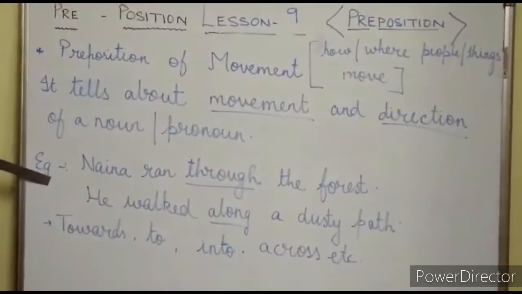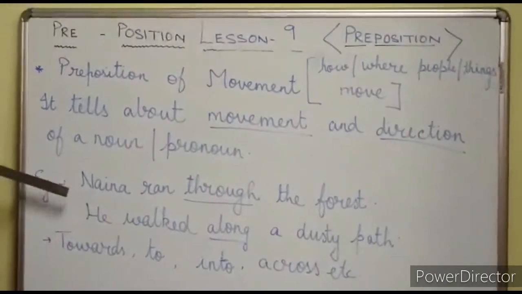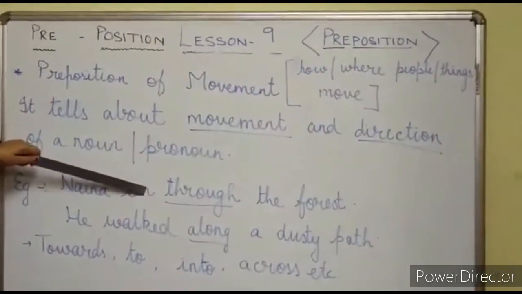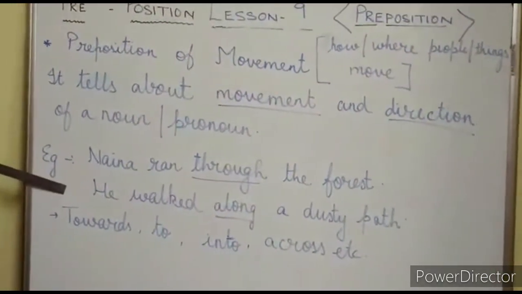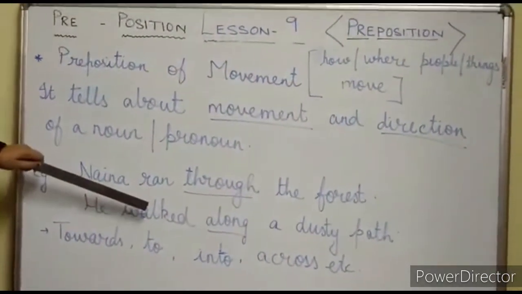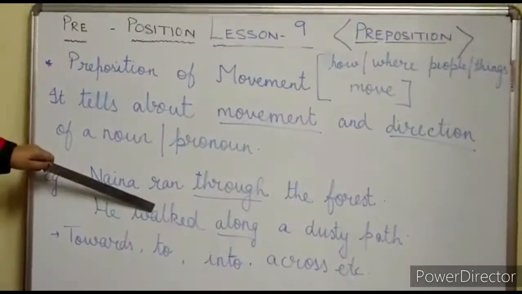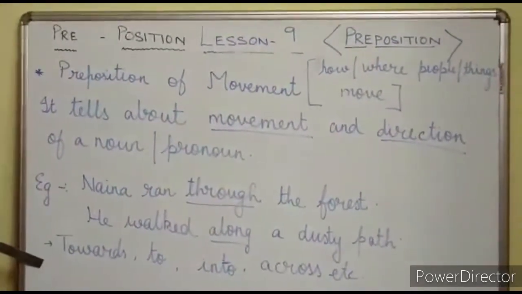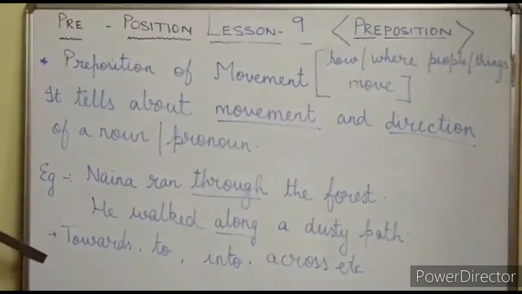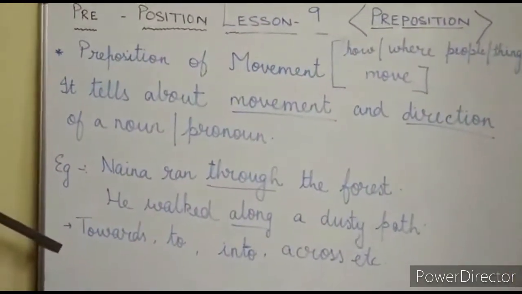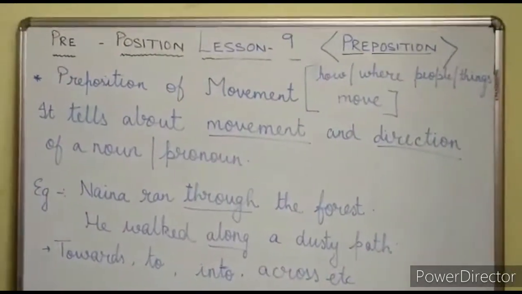Example, Naina ran through the forest. Through is a preposition of movement. Number 2, he walked along a dusty path. Along is a preposition of movement. Some more prepositions are towards, to, into, across and many more.